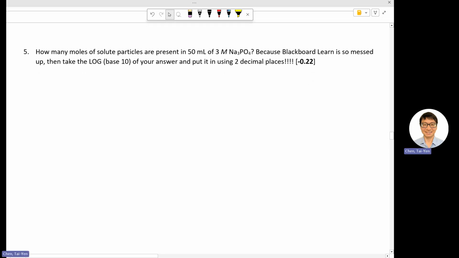Let's read this question very carefully. How many moles of solute particles are present in 50 ml of 3N Na3PO4? The question is very short.